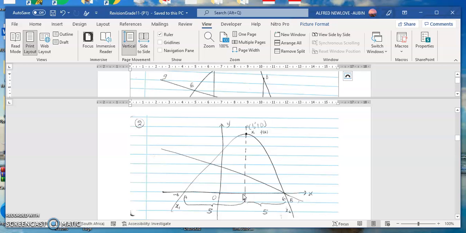We know that the distance from here to here is 1, and the whole of this is 5. So what will be the distance from here to here? It's going to be 4.